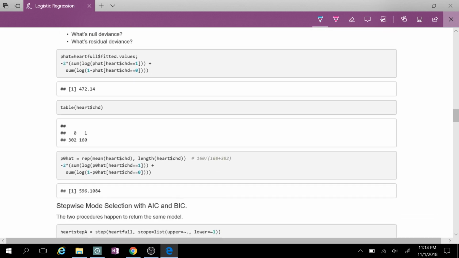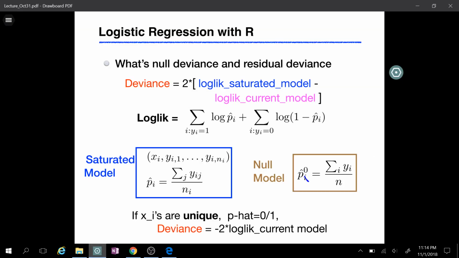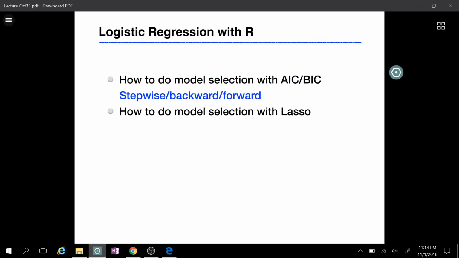Now once we fit a model, we'll encounter a situation like what we encountered before with the linear model. There could be a lot of features and only a subset of them will be relevant. So we're going to do variable selection. And we can use AIC and BIC because for the logistic regression model, we have a likelihood.